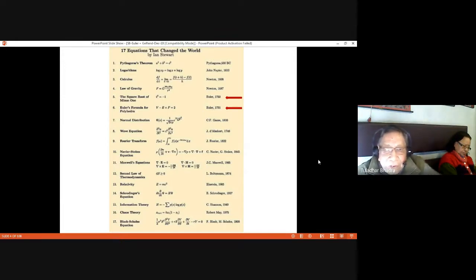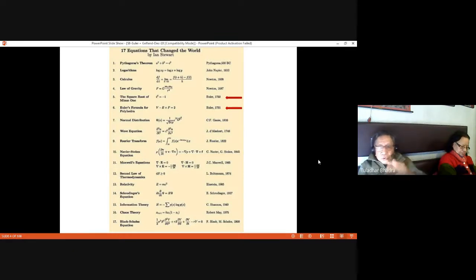And there's a very interesting formula called Euler's formula for polyhedra: V minus E plus F is equal to 2. V is the vertices, E is the edges of this polyhedron, F is the faces of the polyhedron. The relation between vertices, edges, and faces in the polyhedron is V minus E plus F is equal to 2.